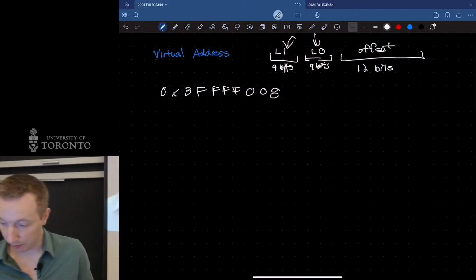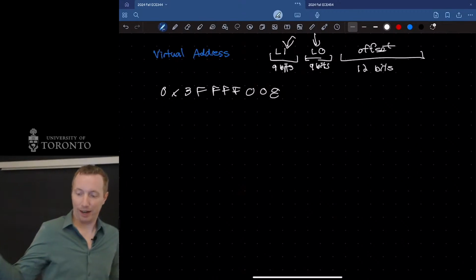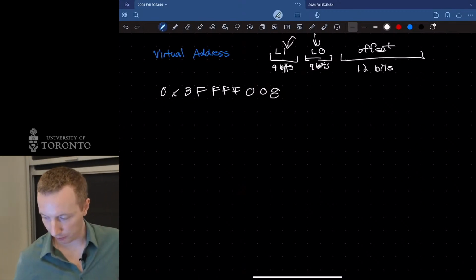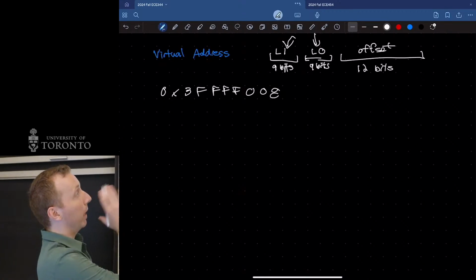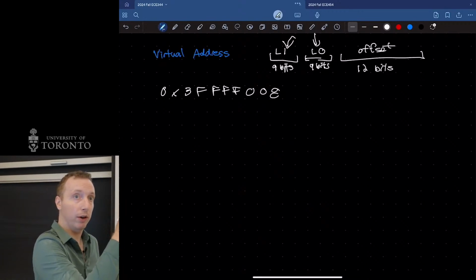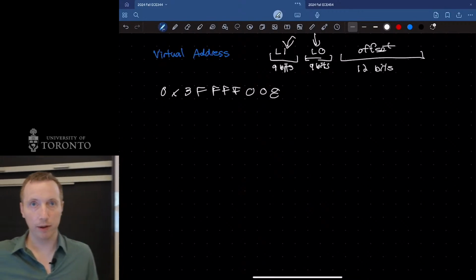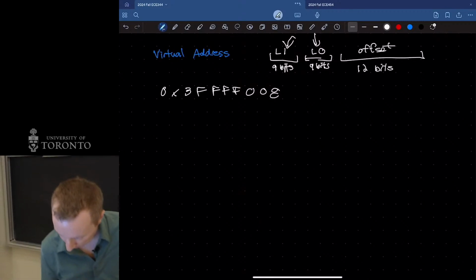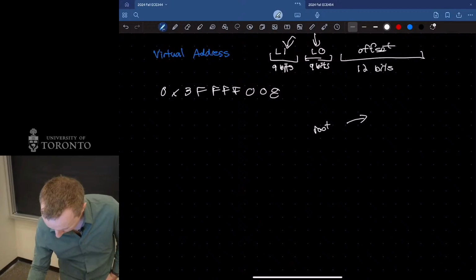So in order to translate this address, I would need to know, as part of my system, which L1 page table I need to use for this translation. That would be stored as part of that process as the root page table.